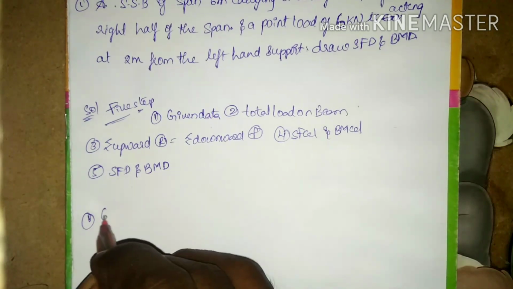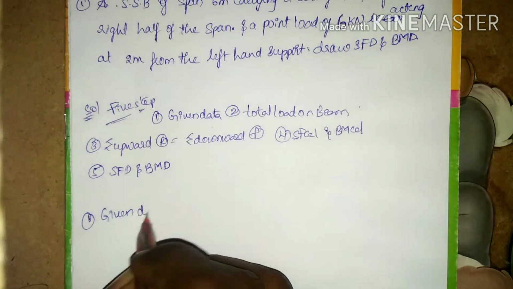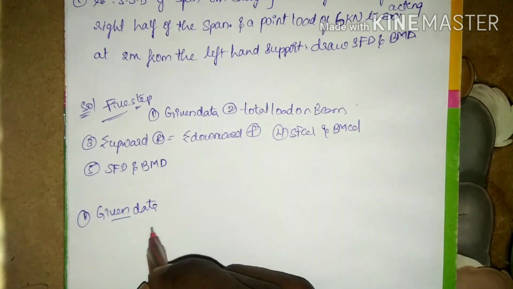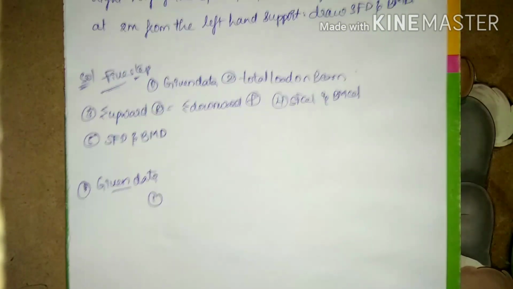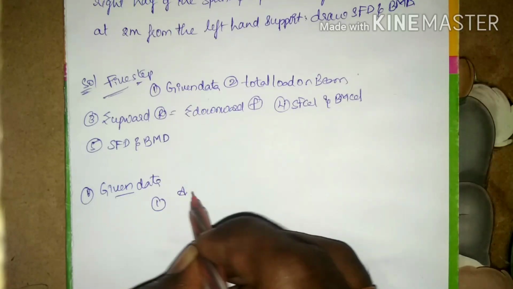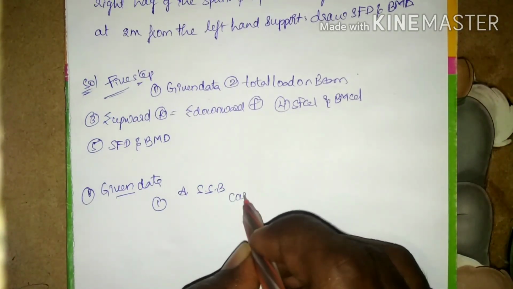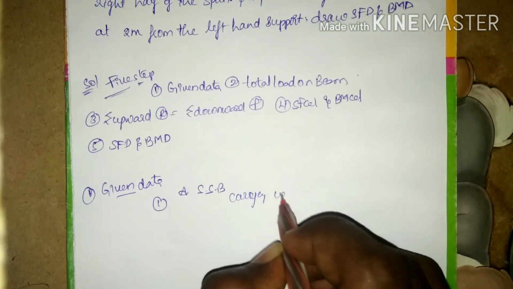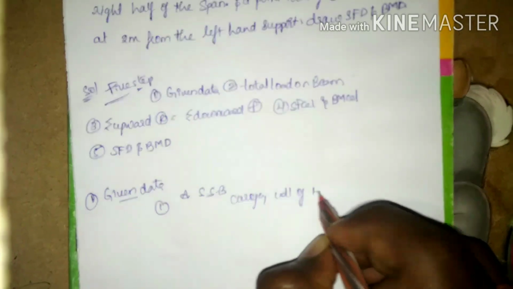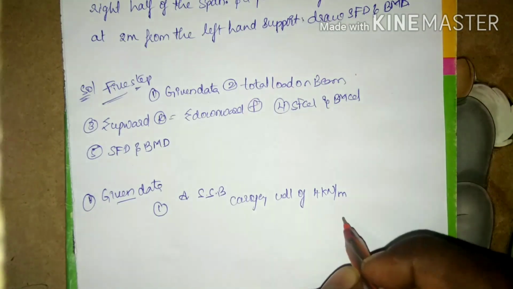That is, 1, given data. What is the given data here? The given data is a simply supported beam carrying a UDL of magnitude 4 kN per meter.